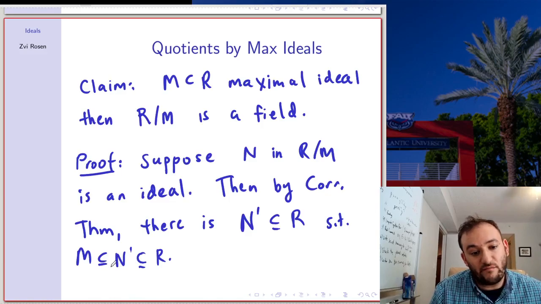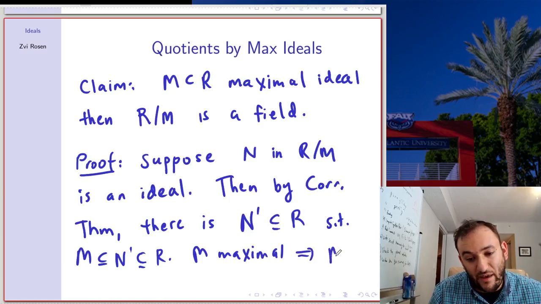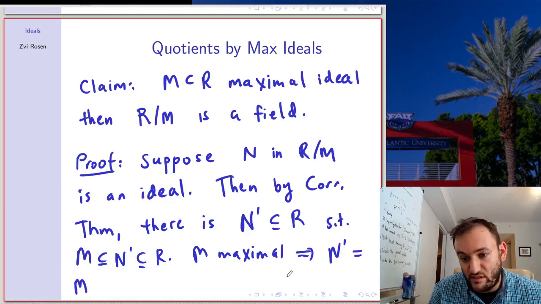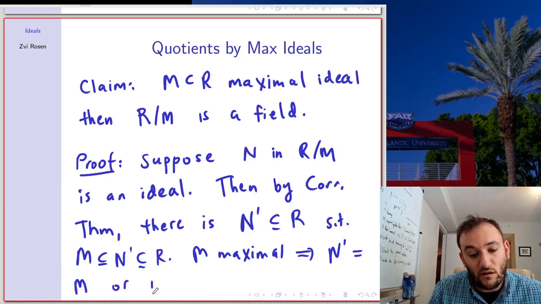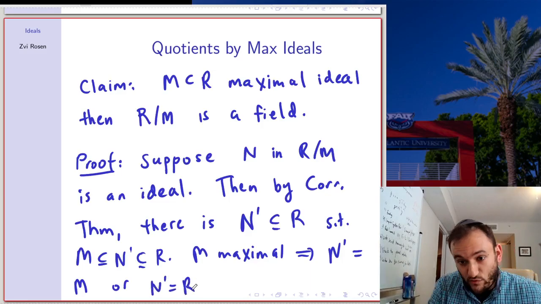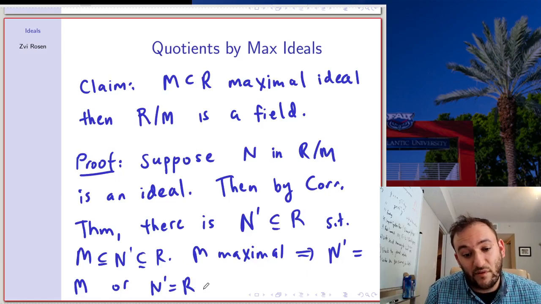But we know that because M is a maximal ideal, that means that N prime has to just be M, which would mean that the quotient just gives you the zero ideal, or it equals the whole ring, which means that the quotient gives you the whole ring of R mod M. So that means we only have two choices of ideal.